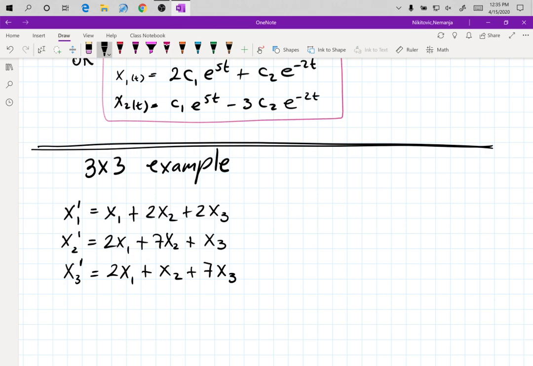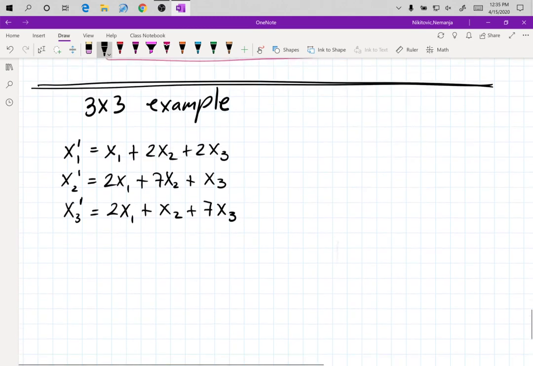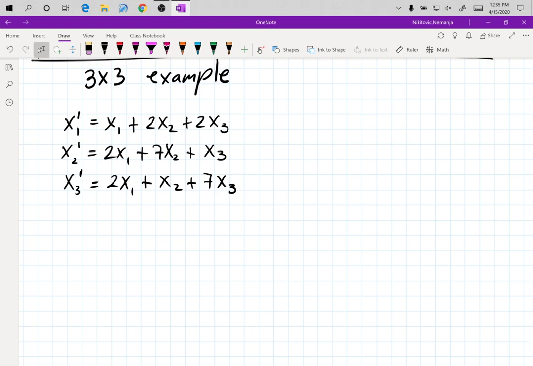So x1 plus 2x2 plus 2x3, 2x1 plus 7x2 plus x3. Holy nightmare. Okay. Let's see if we can get through this mess without messing things up.